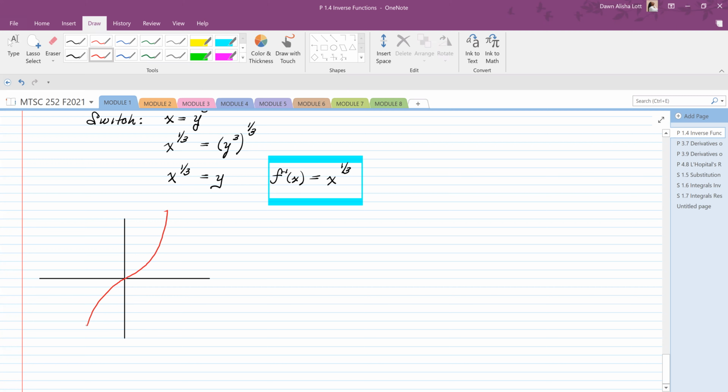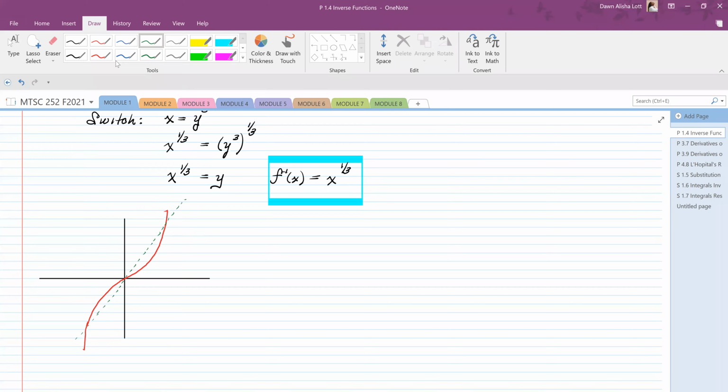So what you do to find the inverse is you draw the line y equals x. And then you just flip the function over.